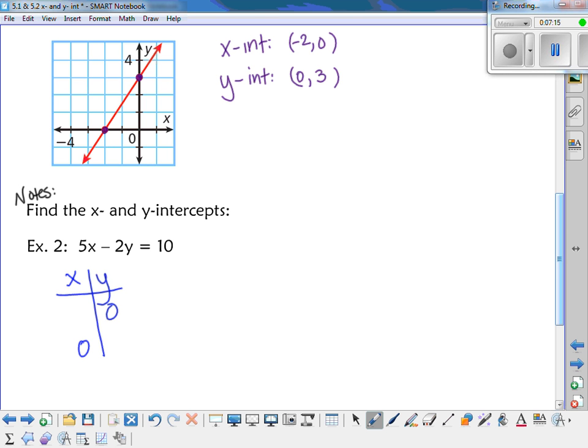So if I plug in 0 for y, I get 5x minus 2 times 0 equals 10. 2 times 0 is 0, that just goes away, and I'm left with 5x equals 10. Divide both sides by 5, and I get that x is equal to 2. So in the x column, I put a 2. And there's my x-intercept right there.